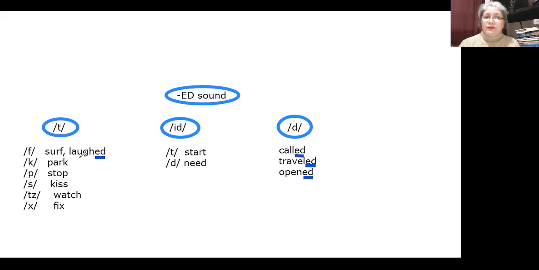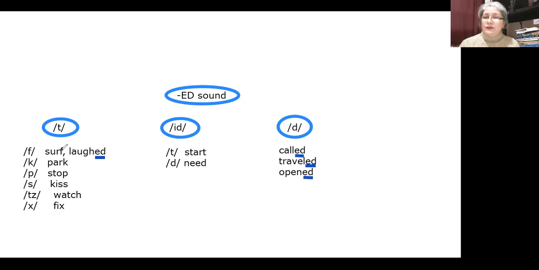But you see this other verb, laugh. It finishes with the letters GH, but the pronunciation is like F. So we say laugh, and when we add the ED, it will have the same pronunciation as surf.